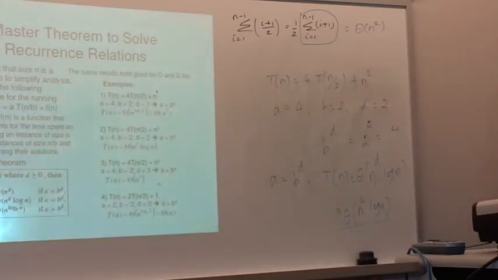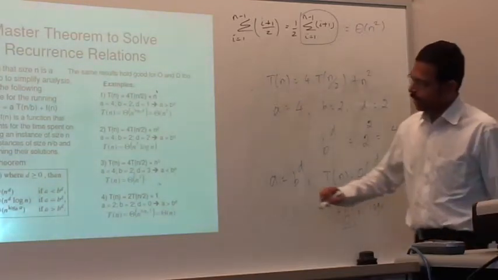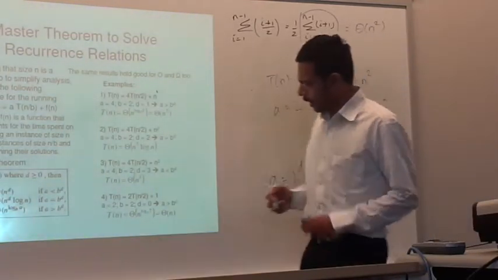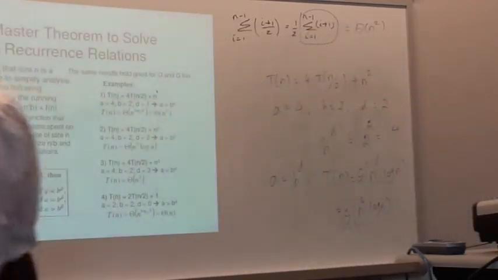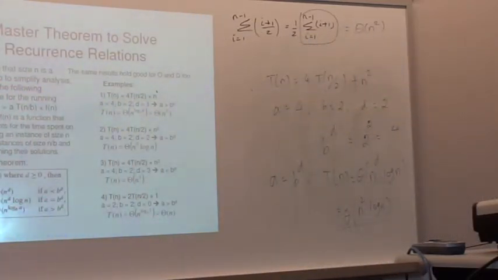Okay? So let's do n cubed. If T of n is the same thing, I'm just increasing the complexity of the combining step. So now what is your a, b, d? A is still 4, b is 2, d is 3.